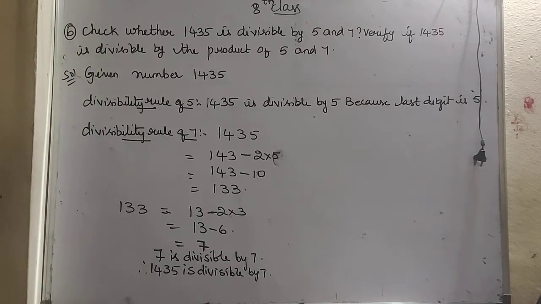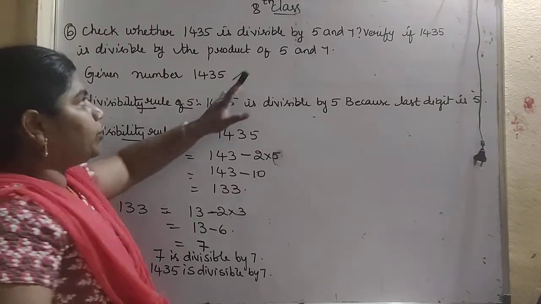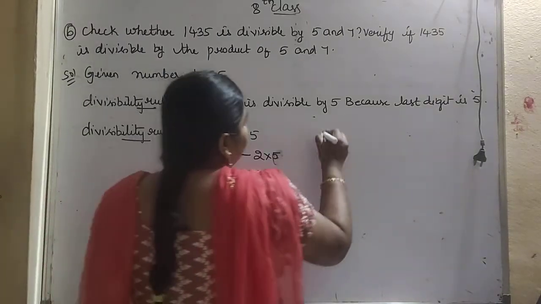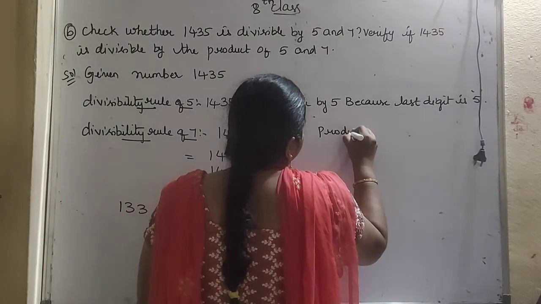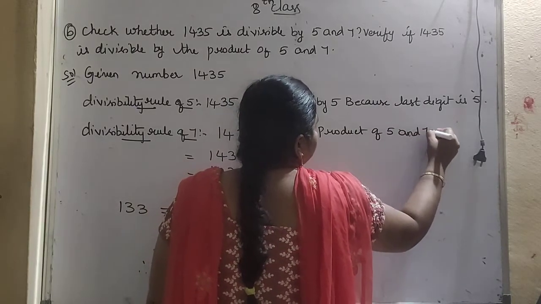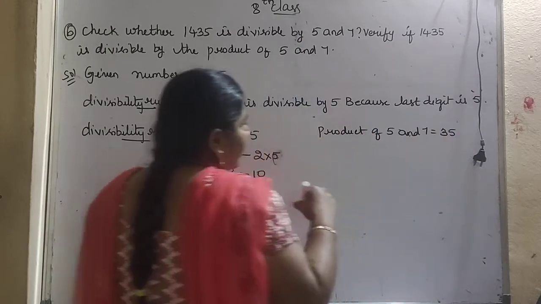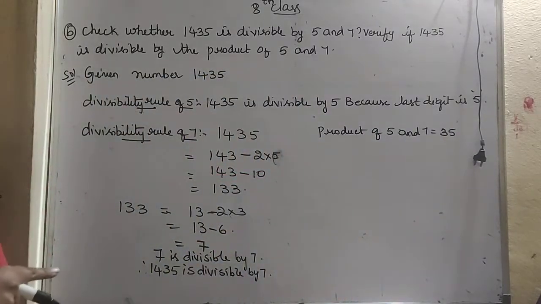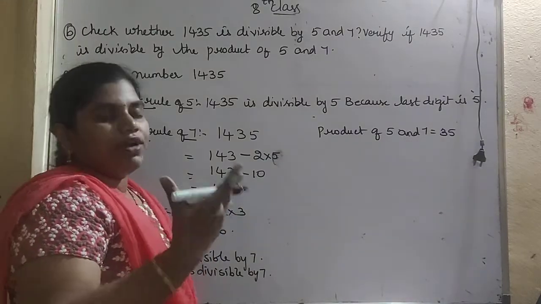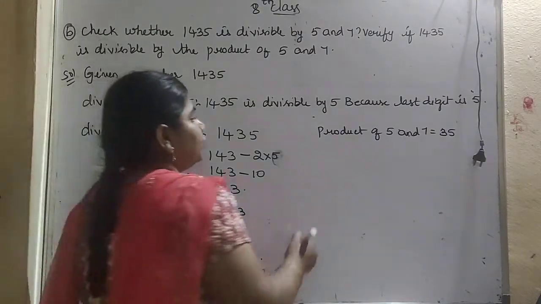Now we have to check whether it is divisible by the product of these two. What is the product of 5 and 7? That is 35. Whether that value is divisible by 35 or not: yes, it is divisible, because 5 and 7 are factors of 35.